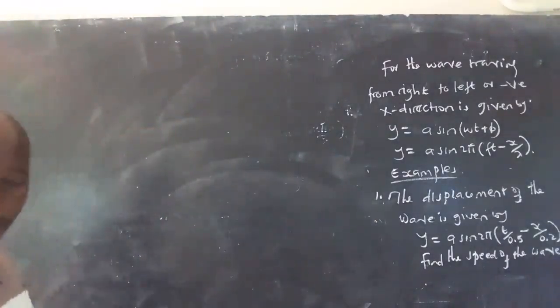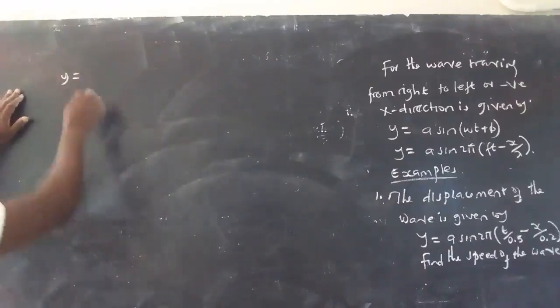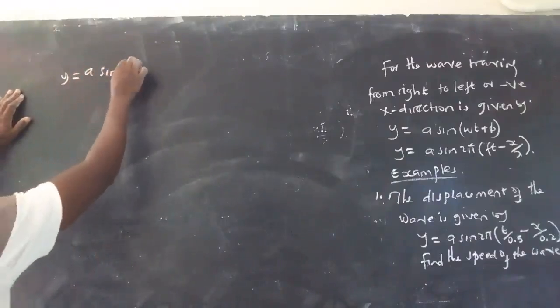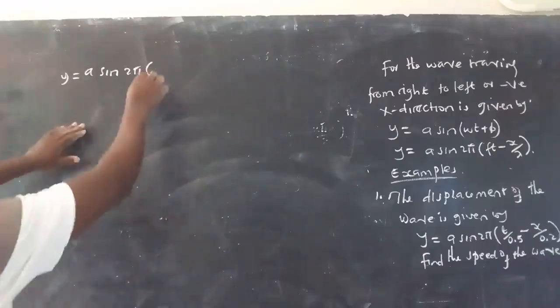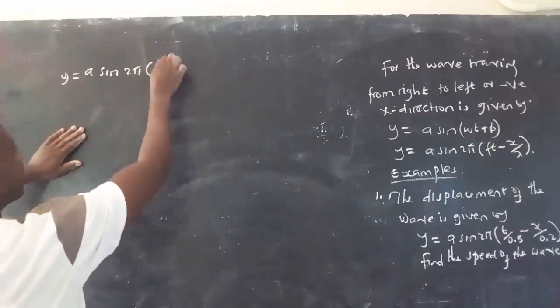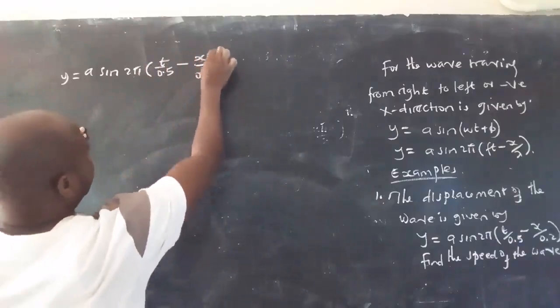We shall come here and say, they have given us the equation as y is equal to a sin 2 pi into t over 0.5 minus x over 0.2 meters.